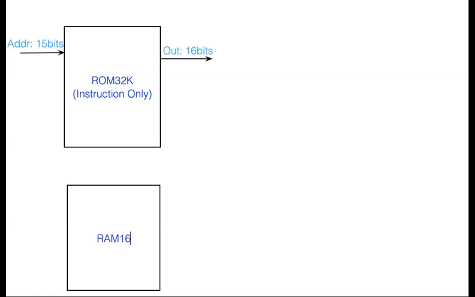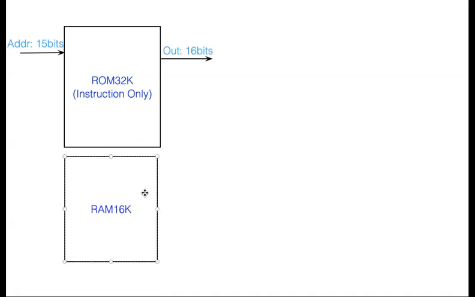We have 16 kilobytes for the RAM, and this is not all of it. In the whole data memory, the first part is the RAM 16K.